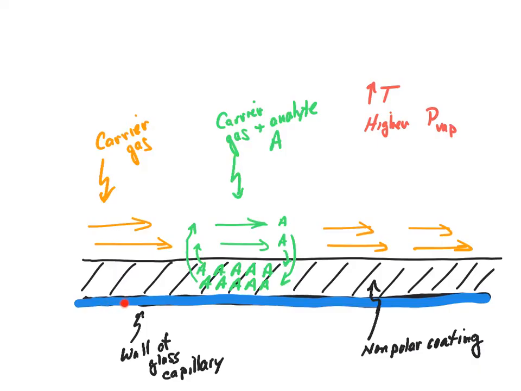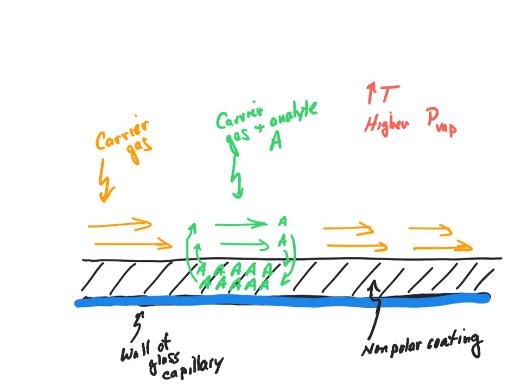Okay, so the blue here represents the glass walls of the capillary. Then it has a non-polar coating on the surface, the interior surface. This is the carrier gas moving through, probably helium.